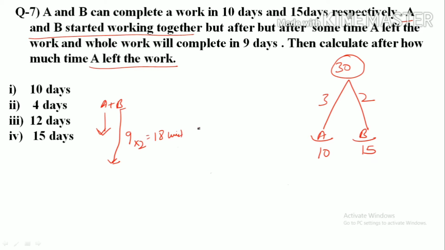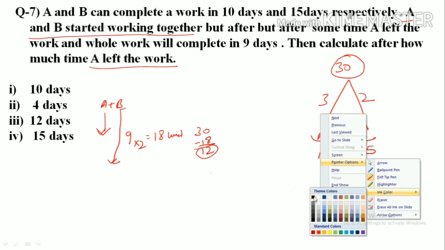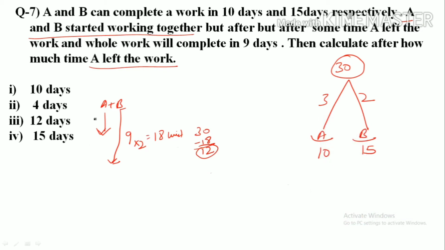So the remaining work is 30 minus 18, which is 12 units. This 12 units of work is done by whom? By A, so 12 divided by 3 comes out to be 4 days.